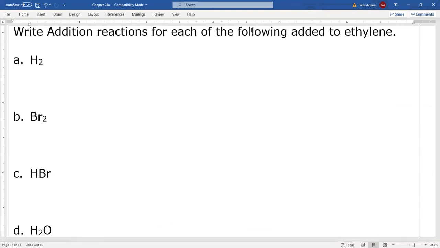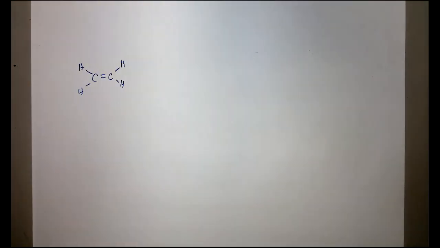So let's stop our share and we'll write those particular reactions. So we're going to write our ethylene is this. Now I'm just going to do sort of a reaction wheel here and add.